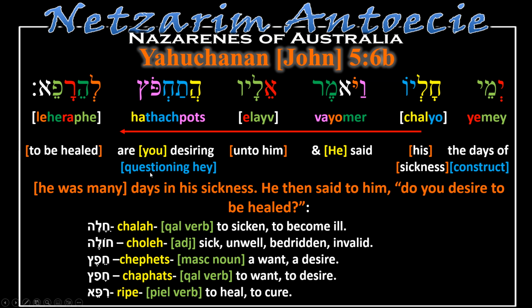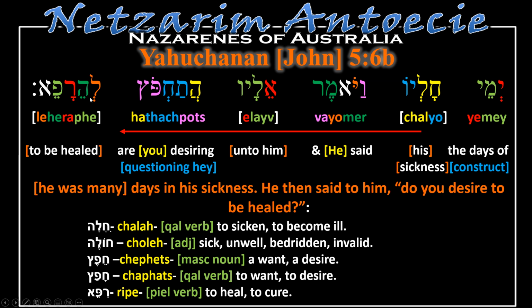And I've chosen to call it a participle because of the cholam again. So are you desiring? Now if we look down here, when we look to desiring, we have chefetz as a masculine noun. It means a want or a desire, and chafatz as a kal verb means to want, to desire.